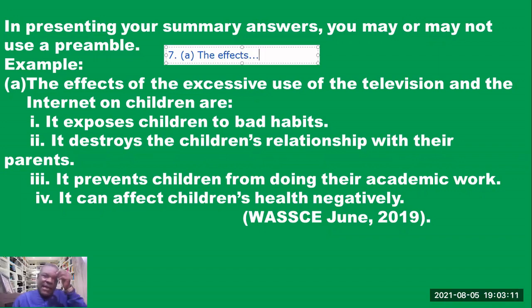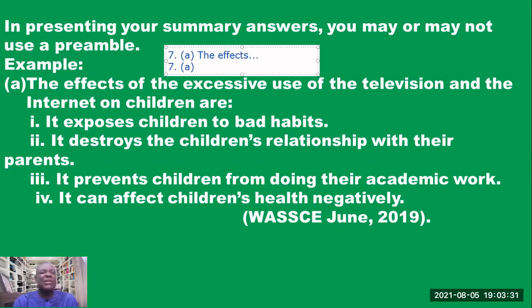Now, if you decide not to use a preamble, what you need to do is to write 7, then write A. Make sure you always put the alphabet of the question as the alphabet of your answer.